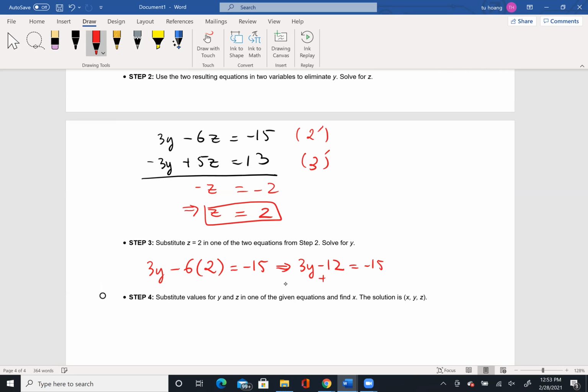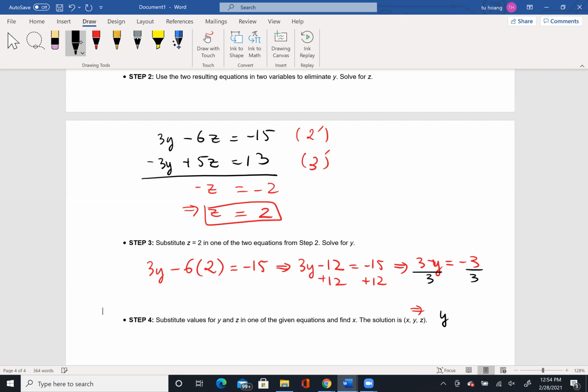I'm going to add 12 both hand sides to get 3y equal to negative 3. And then I divide by 3 both hand sides to get y. Let me move down one more. So then I'm going to get y equal to negative 1.